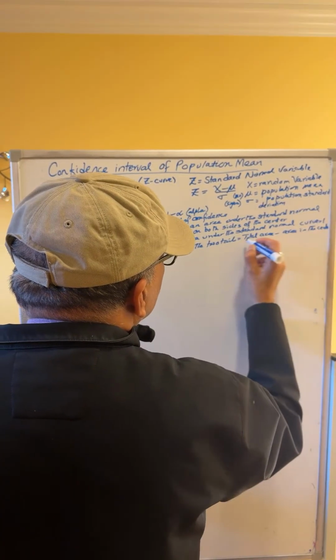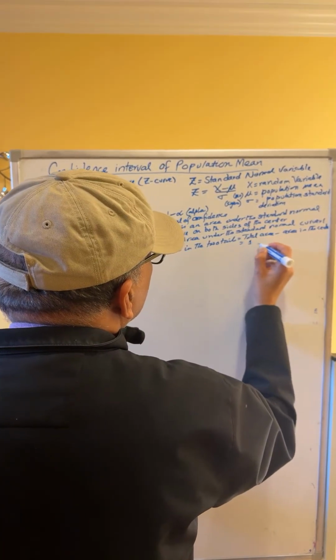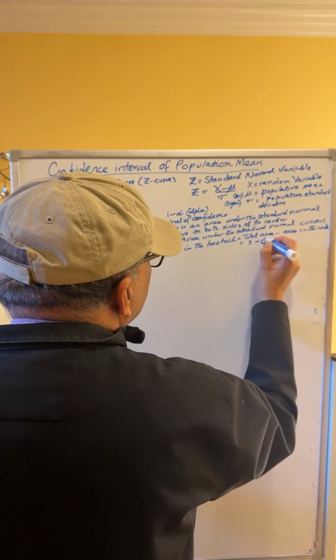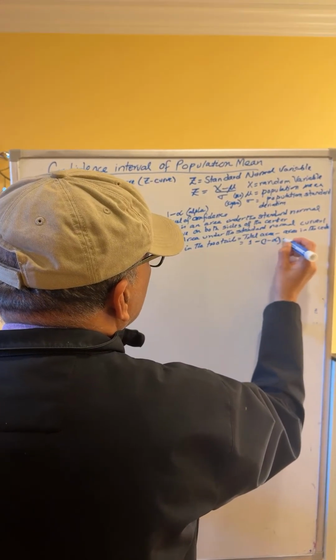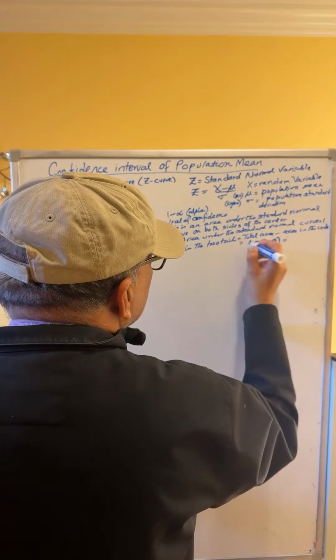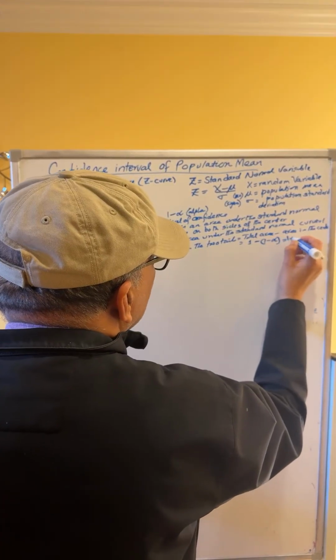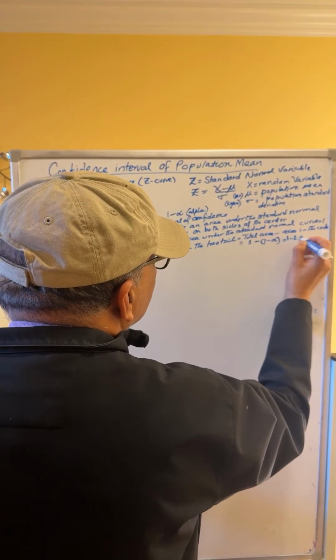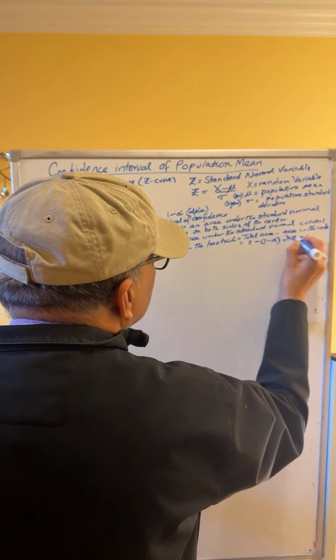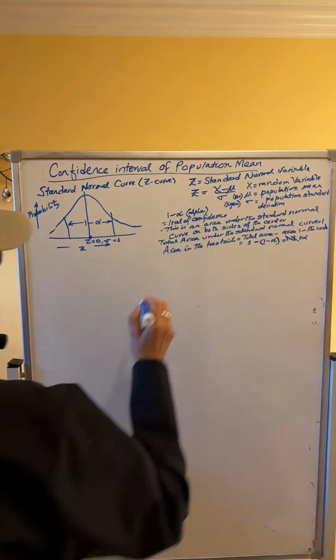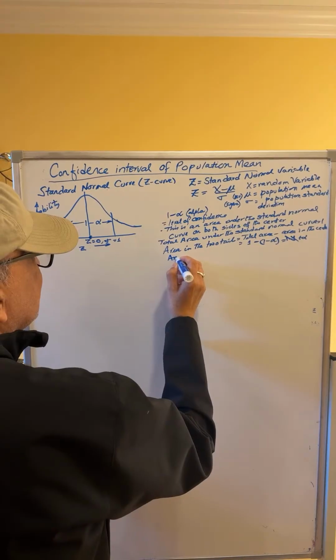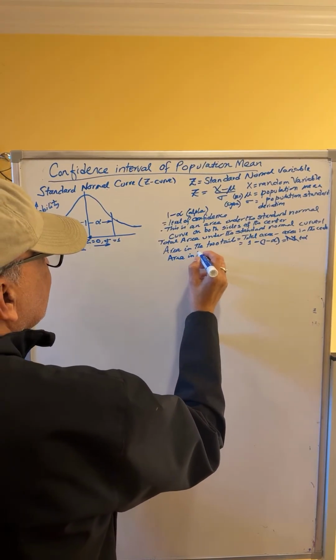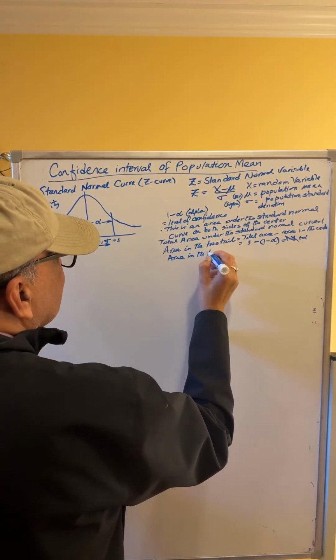So that is 1 minus (1 minus alpha), which, if I distribute the minus sign, is 1 minus 1 plus alpha. So this and this cancel. So the area in the two tails is alpha.